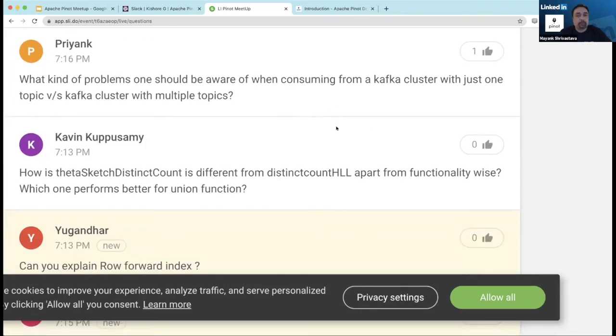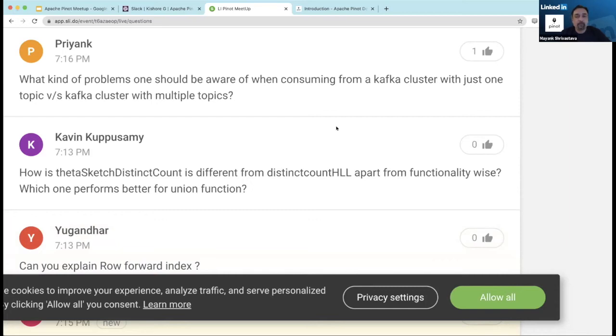Priyank asks: what kind of problems should one be aware of when consuming from a Kafka cluster with just one topic versus a Kafka cluster with multiple topics? Again, I think this is a generic question, not specific to any of the presenters. So I'm going to take a first shot, and then if anybody wants to add more details.